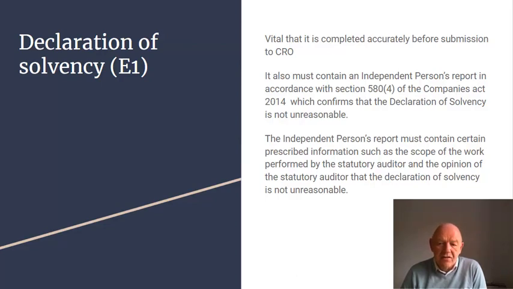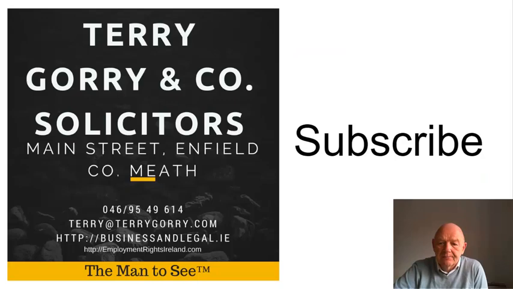The independent person's report must also contain certain prescribed information, such as the scope of the work that was performed by the statutory auditor and the opinion of the statutory auditor that the declaration of solvency is not unreasonable. So declaration of solvency is a very, very important document in the members' voluntary liquidation of a company.